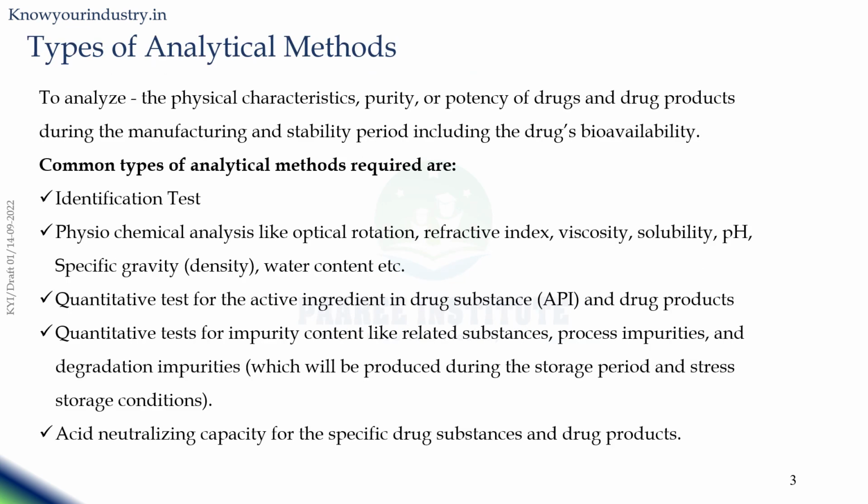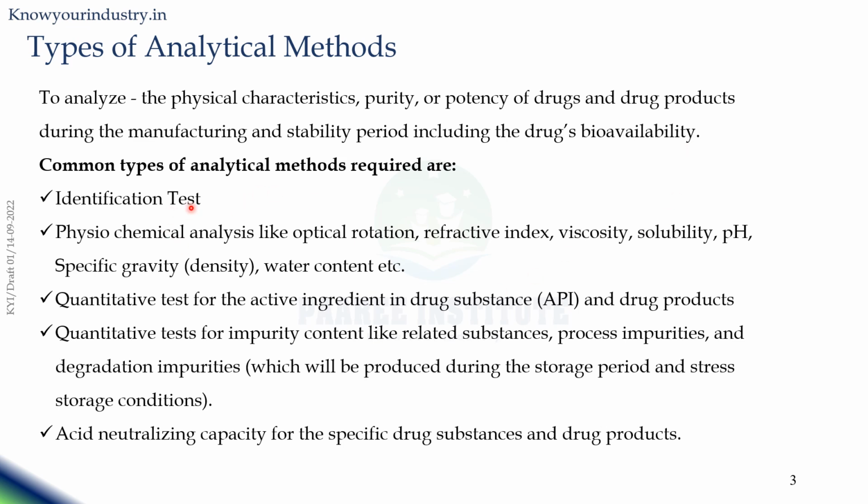Analytical methods are used to analyze the physicochemical properties, purity or potency of drugs and drug products during the development, manufacturing, and stability of the drug product or drug. And also it is used for the measurement of drug bioavailability. In that case, it will be called a bioanalytical method.